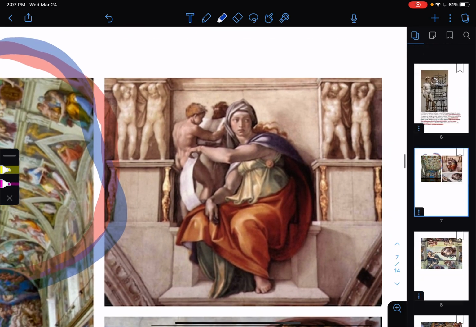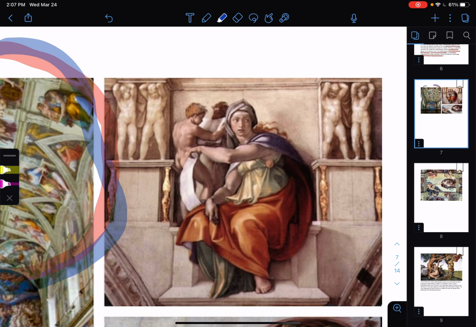So again, we're going to start thinking about the differences between medieval and Renaissance art. Renaissance is more realistic. It comes down to that. Think of the evolution of games, right?